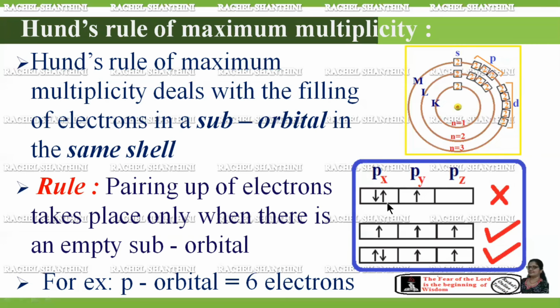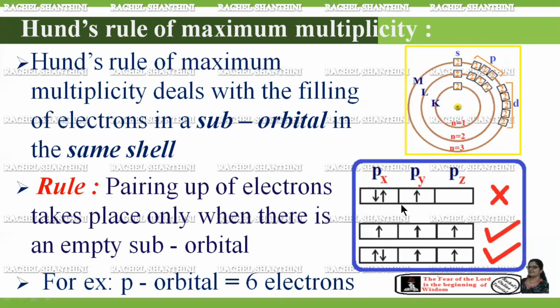While filling orbitals of equal energy, pairing of electrons is avoided as long as it is possible because they experience a greater repulsion. We know that the maximum number of electrons that can be accommodated in p orbitals is equal to 6 electrons, right? In case only 3 electrons are available for p orbitals, then each electron will occupy each suborbital individually.